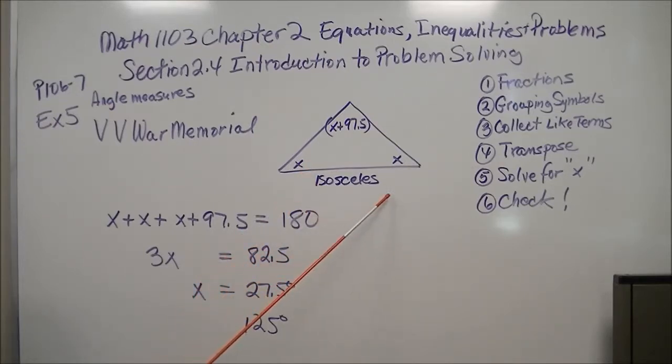So in our textbook, here I've made a picture of an isosceles triangle where I've put in the information they've given us. Base angles are the same, and this other corner is 97.5 degrees more than the base angle. That you would pick out of the text.